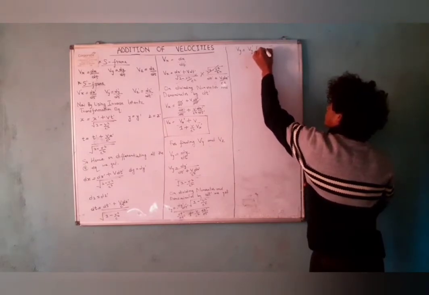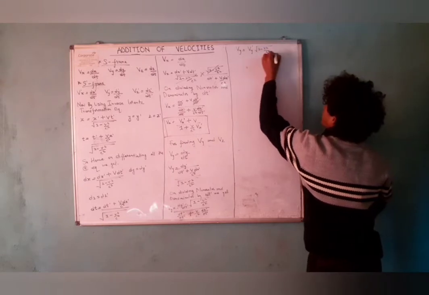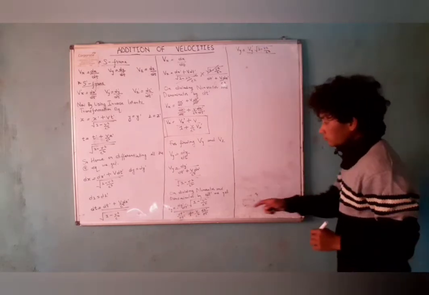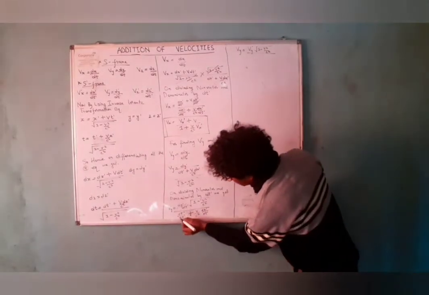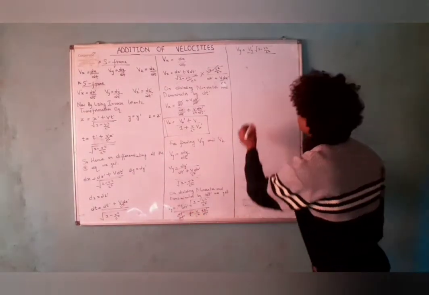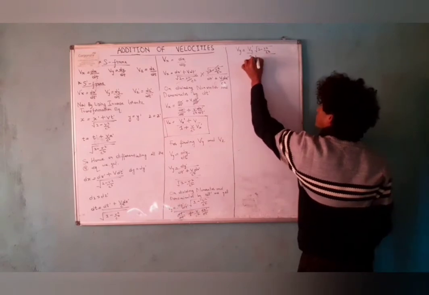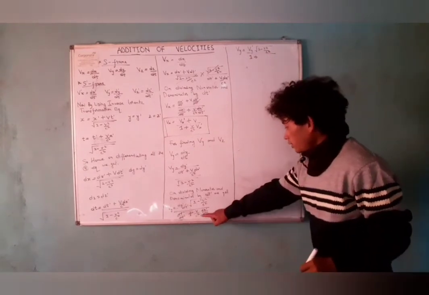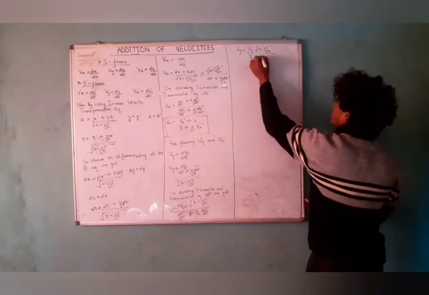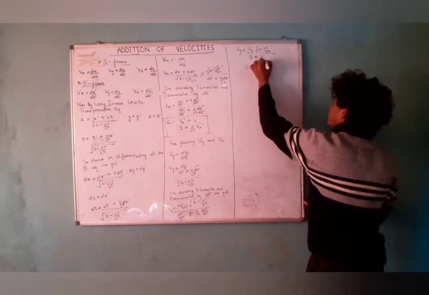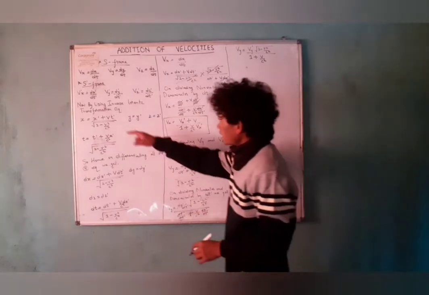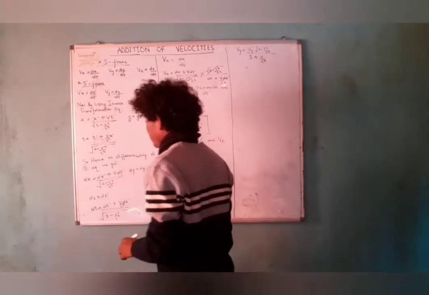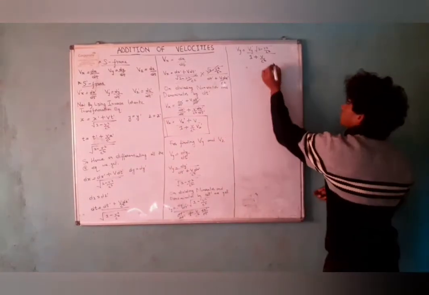1 minus v square by c square divided by, dt prime and dt prime get cancelled out of each other, 1 plus v by c square, and dx prime by dt prime equal to vx prime.